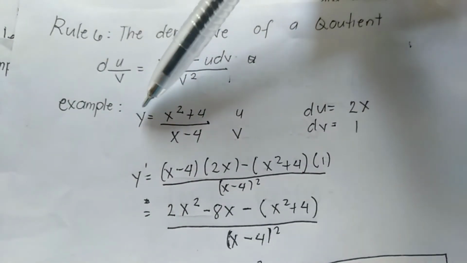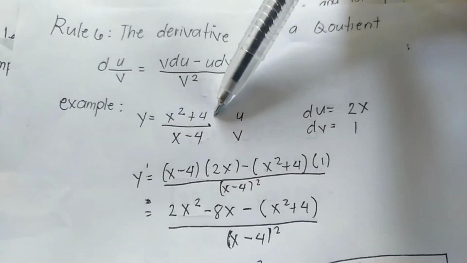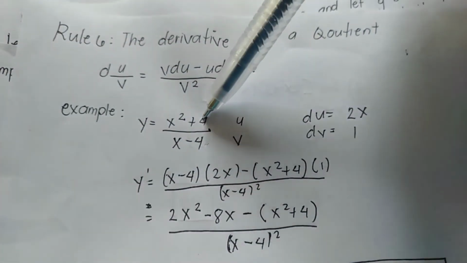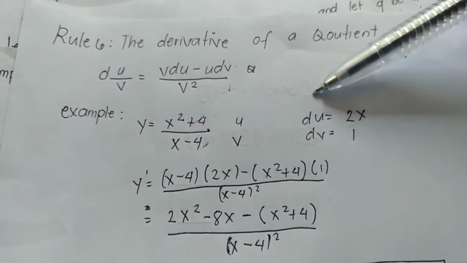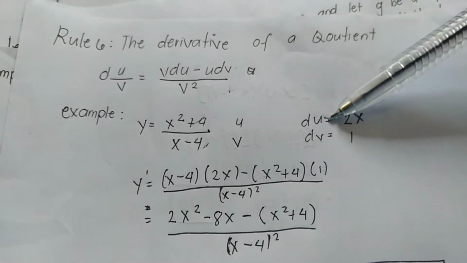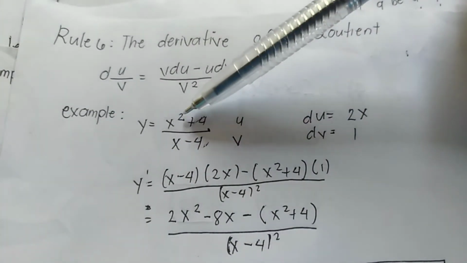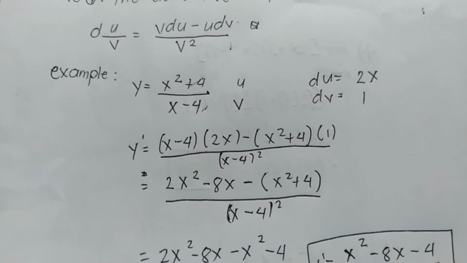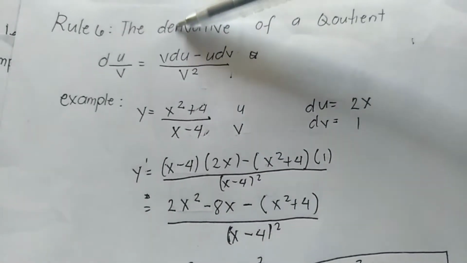For example, y is equal to x squared plus 4 over x minus 4. It is our u and it is our v. Our derivative of u is 2x and the derivative of v is 1. Then apply the formula.